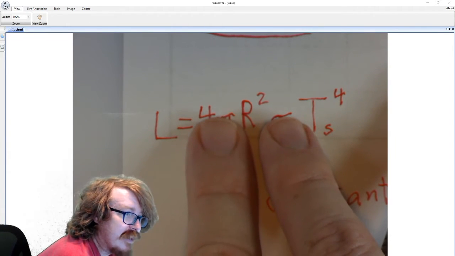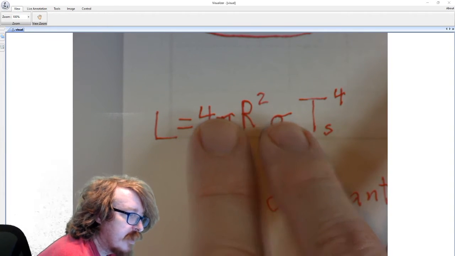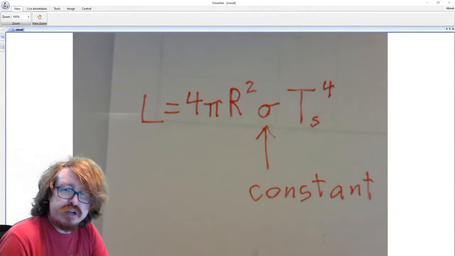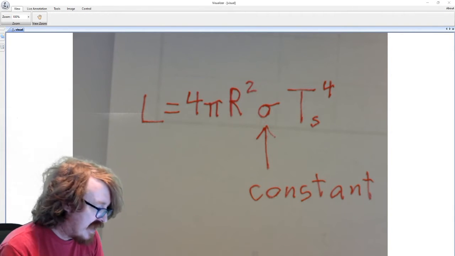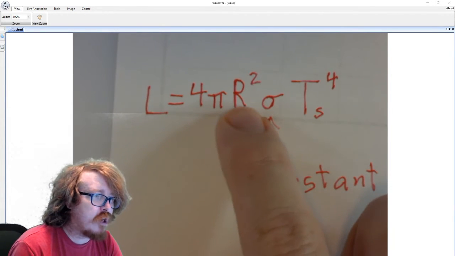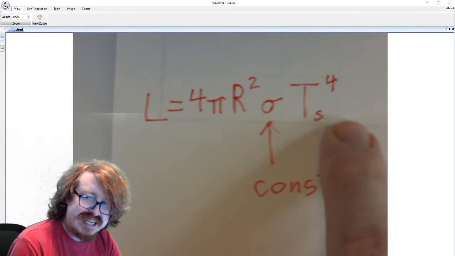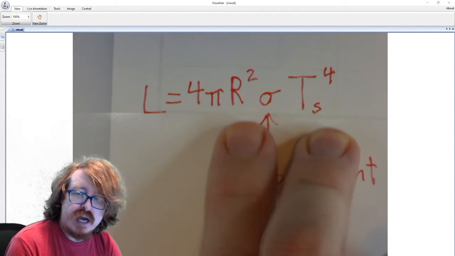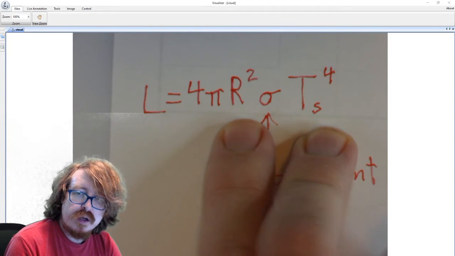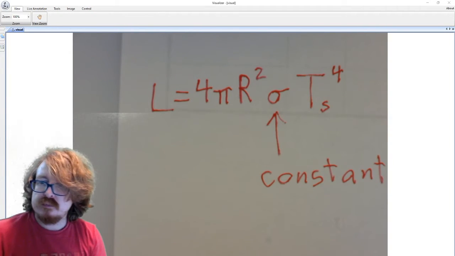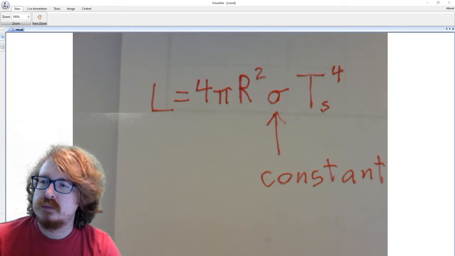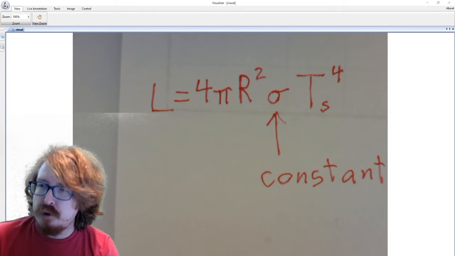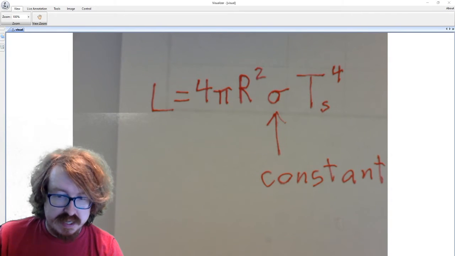Now check this out. There's no fraction here, okay? There's no bottom. So in this equation, if we were to increase r or t, what would happen to L? If we increase either one of these numbers, what would happen to the luminosity? Both of them would cause the luminosity to increase.